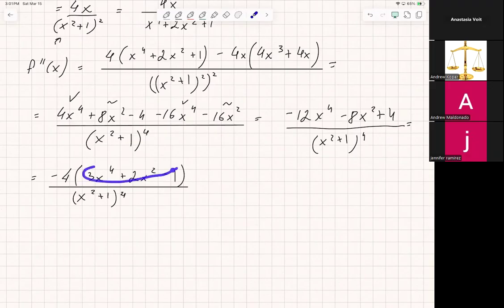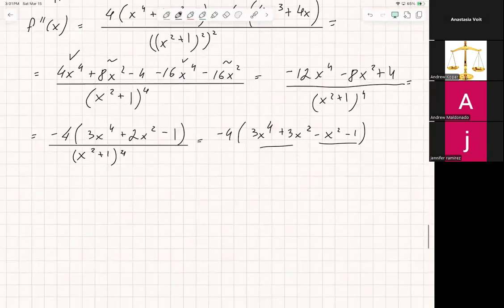Now, let's see if we can factor it out. So we have 3, negative 1, and 2, so we can do 3x to the fourth power plus 3x squared minus x squared minus 1, right? So these are together. Yeah, okay.